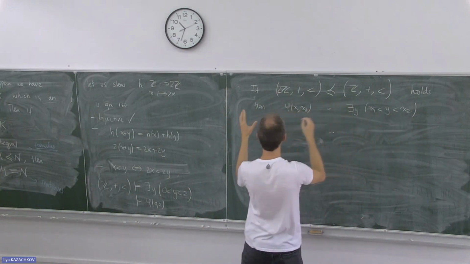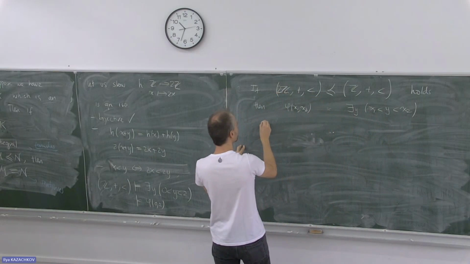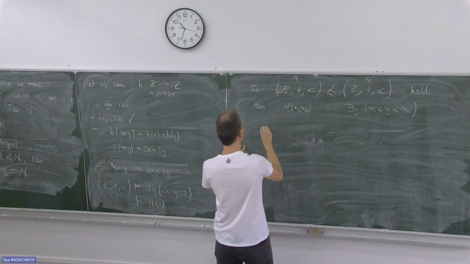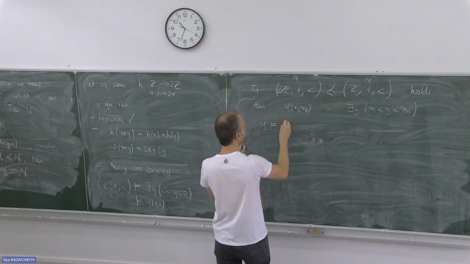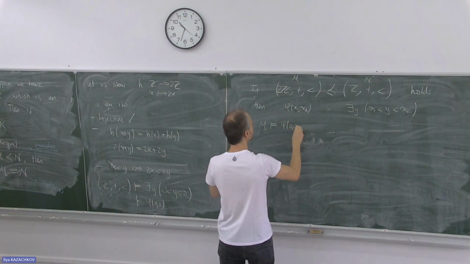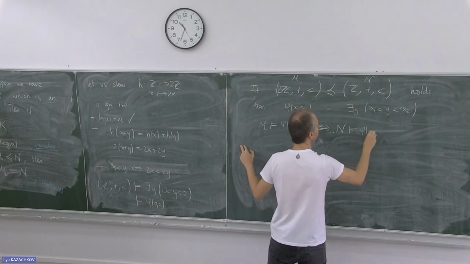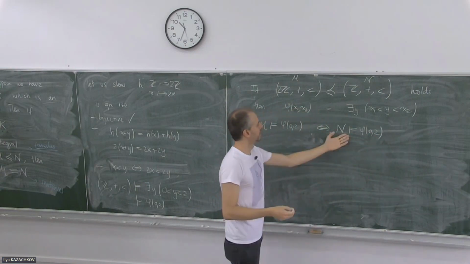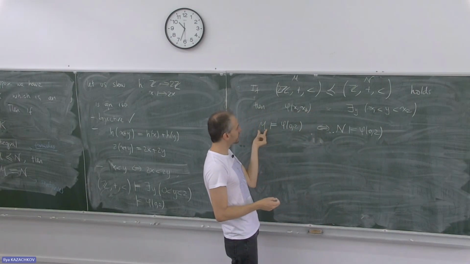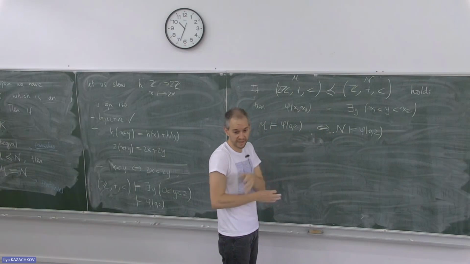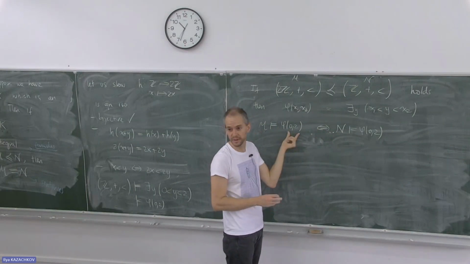I mean, if this is true, then let us call this structure m and this one n. Then we have that m satisfies this formula phi of 0, 2, if and only if n satisfies this formula phi of 0, 2, because these two elements belong to this one, and we're saying the inclusion is an elementary embedding. It satisfies any formula, in particular this one.